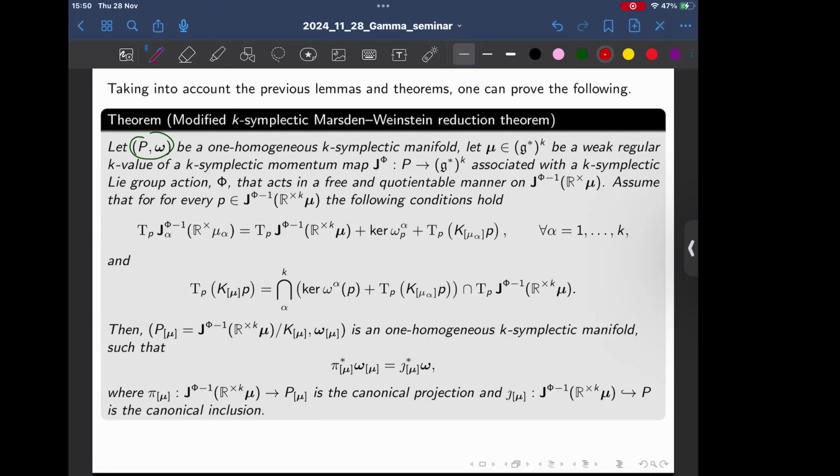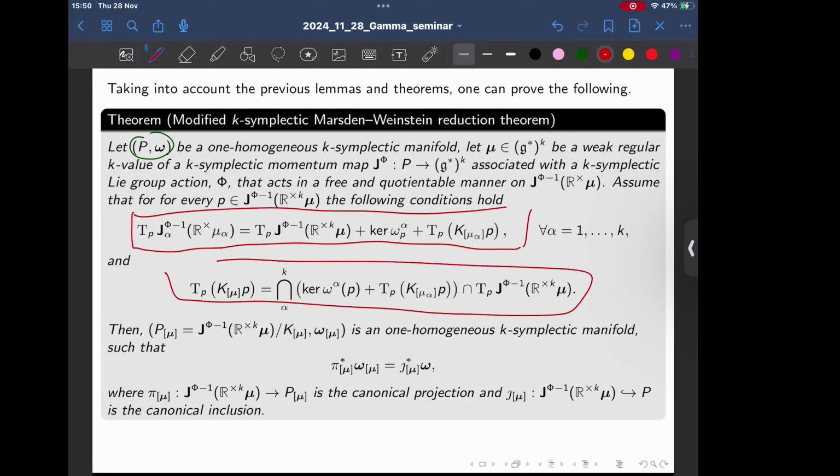a manifold. And as I said before, we assume these two conditions to get that the reduced space, defined as here, is a one-homogeneous k-symplectic manifold, and the k-symplectic structure on the reduced manifold is related to the initial one via this relation.